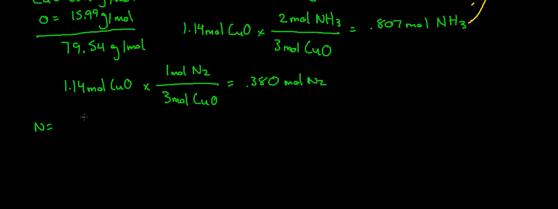Nitrogen is equal to 14.01 grams a mole, and there are 2. So this is going to be 28.02. So that's the molar mass of N2. Now I convert.